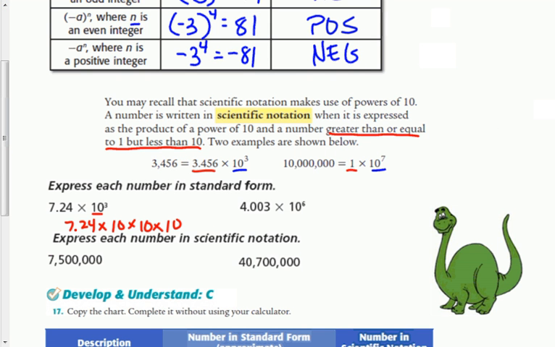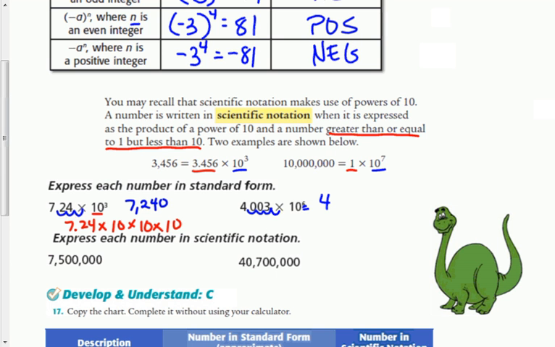So really what I can do here is just move it over 3 times to the right. So I'm going to get 7,240. All right, so if I multiply by 10 6 times, that's going to move the decimal over to the right 6 times. 1, 2, 3.